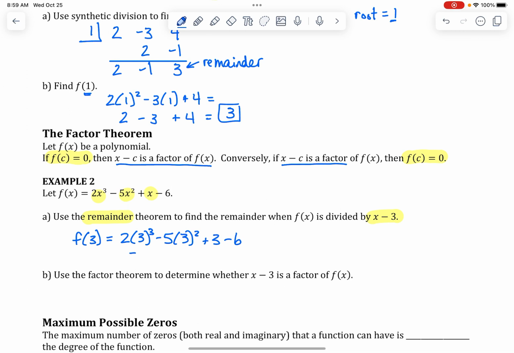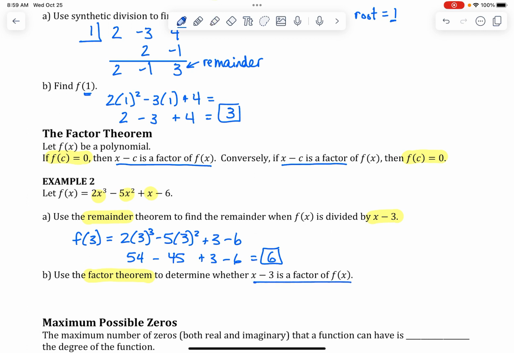3 cubed is 27, times 2 is 54. 9 times 5, 45, plus 3 minus 6 equals 6, right? If you synthetically divided, you would also get a remainder of 6. Now all we're doing is applying the factor theorem to determine is x minus 3 a factor of the function.